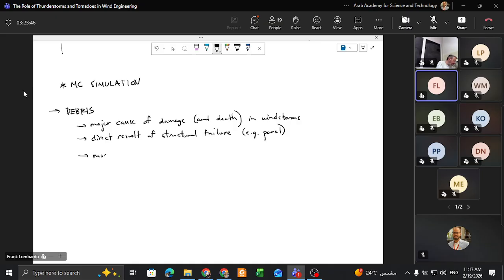Now, the modeling of debris is typically broken down into three generic types. One is called compact debris, rod debris, and plate debris.